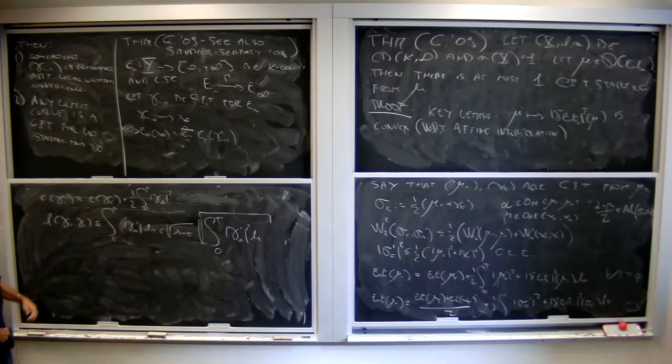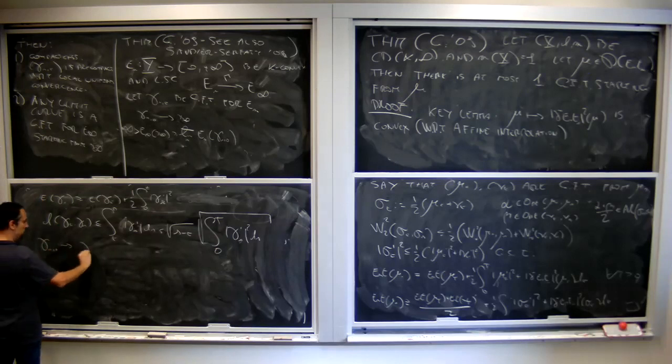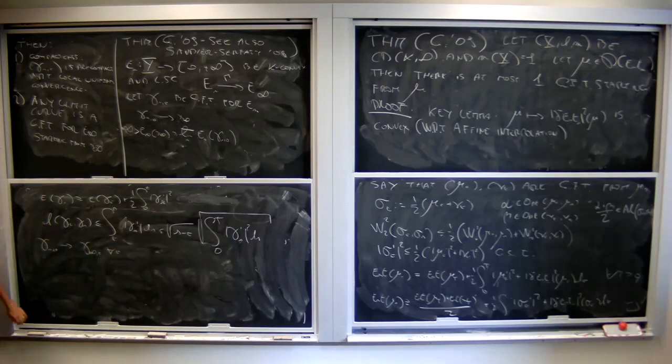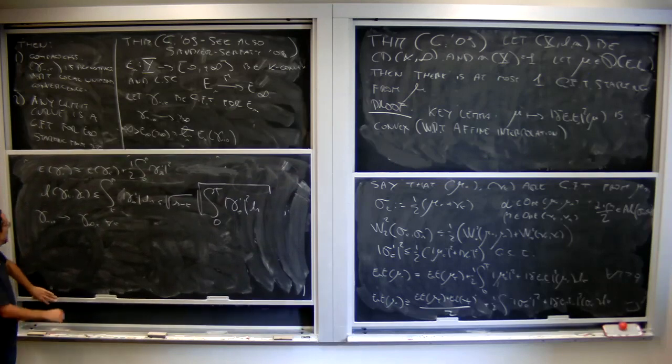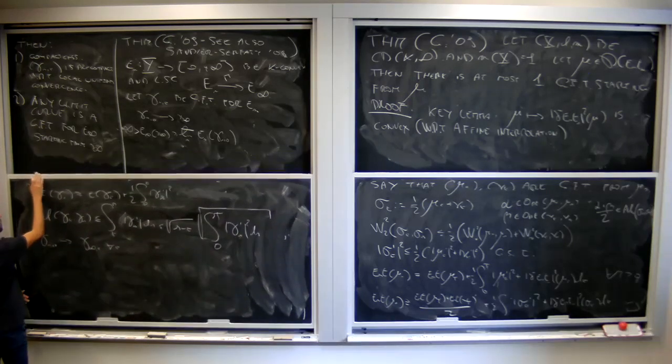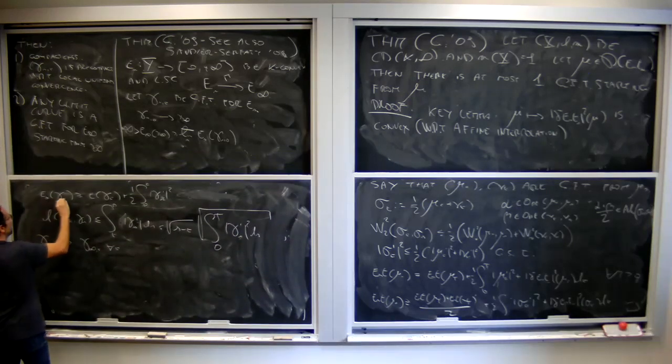Okay. What about showing that a limit curve is a gradient flow trajectory? Well, now let me say that gamma n t is converging to some limit curve gamma infinity t, say for every t, right? So what I want to do is pass to the limit in this.